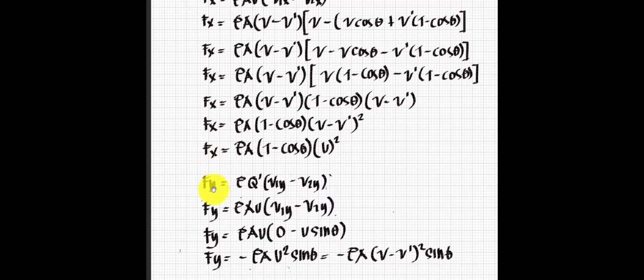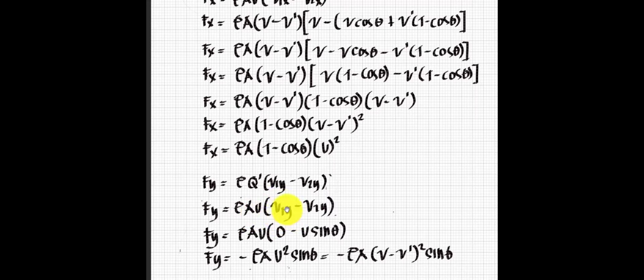on the x-axis. Now, for Fy, we have the density, then the volume of fluid deflected by the vane, then the velocity at point 1 at the y component minus the velocity at point 2 at the y component. We can express this as area times the relative velocity of the vane.